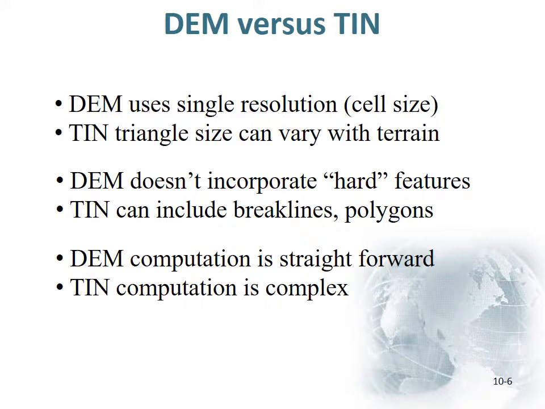DEMs, as a regular grid, do not incorporate hard landscape features, whereas tins can include things like break lines, polygons, and mass points that can be used to essentially chop up the tin and create other polygon features that better approximate the actual landscape, the actual hard features on the landscape.